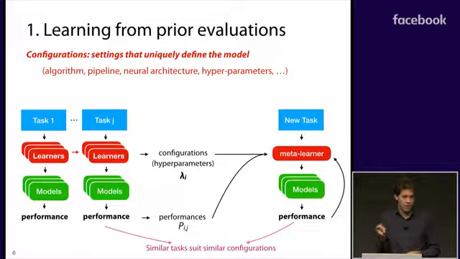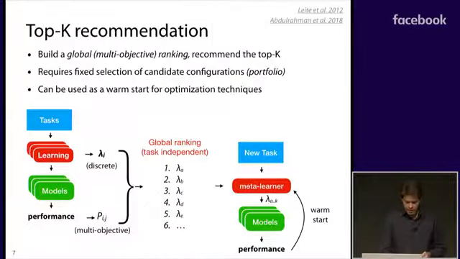And then my meta-learner has to take this configuration and the performance and figure out how to use that usefully to solve a new task. So the first and simplest way to do this is simply remember what worked well in the past. Then you build a general ranking of which are the best approaches. And then when you encounter a new task, you just go top to bottom.